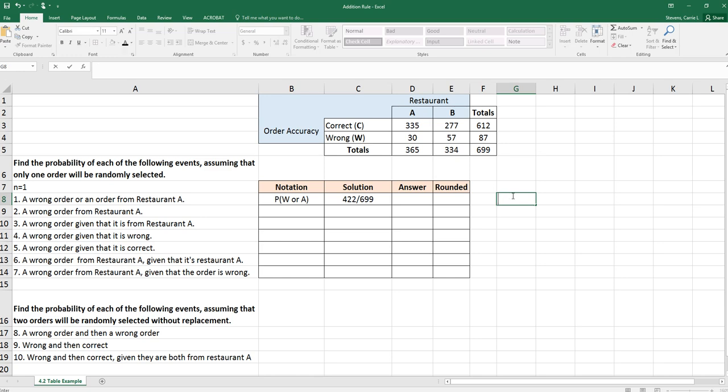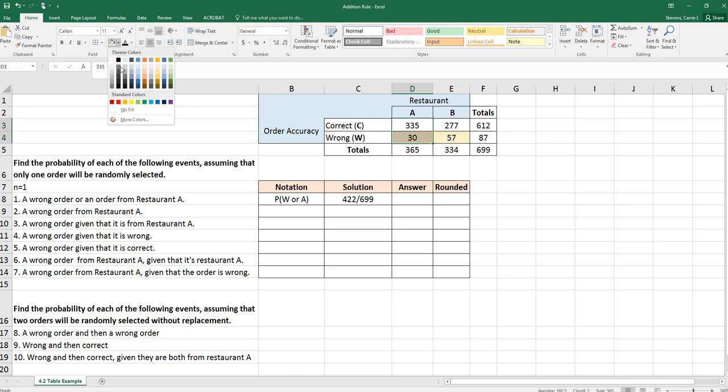We are going to add up, I'll highlight the ones I want to add up, all of the wrong ones and any from A. Can I start over? First, just looking at the first part, W, all the wrong orders, and then A, all the A orders.